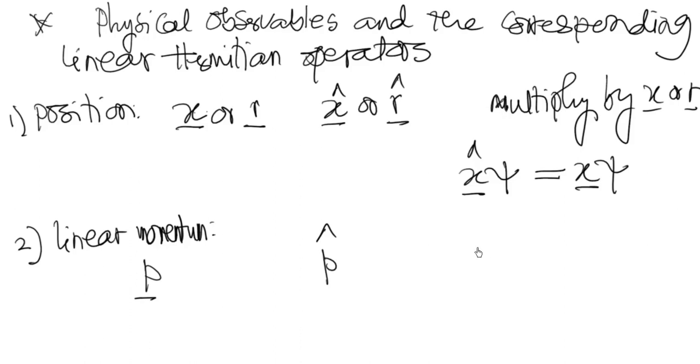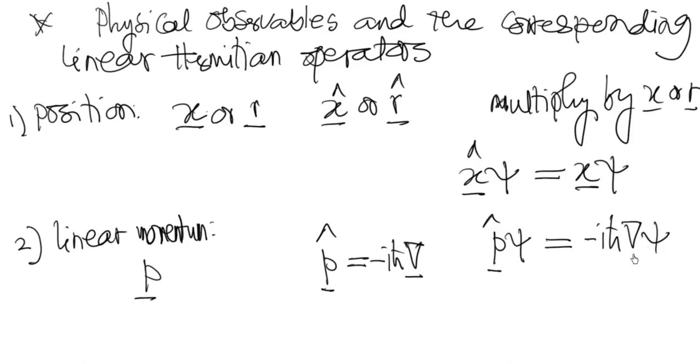If the linear momentum operator acts on a state function psi, then it will be just minus i h bar del psi, where h bar is h by twice pi.